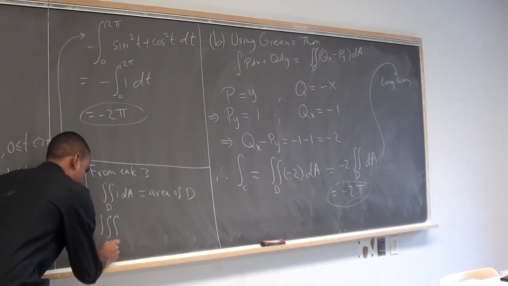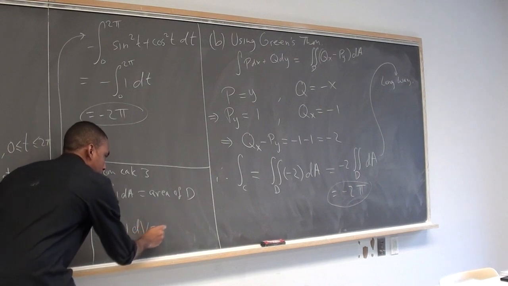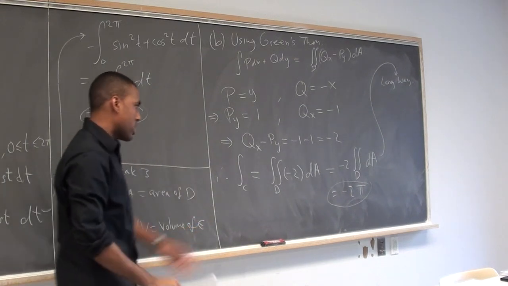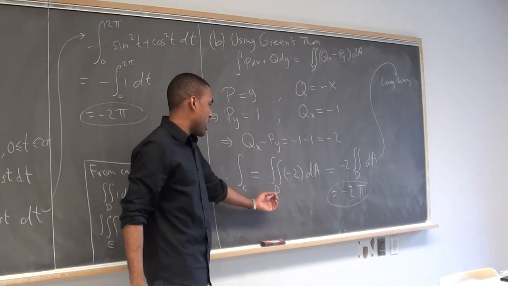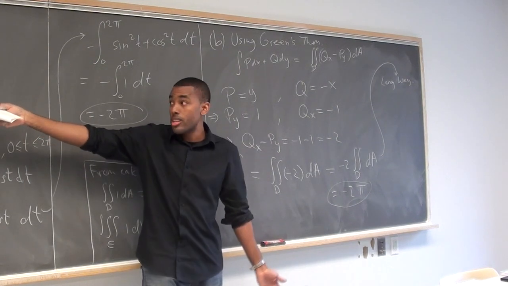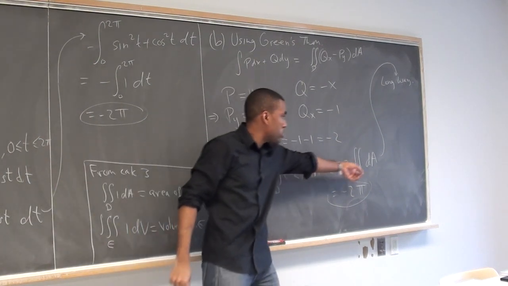The triple integral over E of 1 dV is equal to volume. So instead of actually setting up this integral, I didn't have to do it. I know D is just the area of this circle, which is pi r squared. R is 1, so the area is pi. And so I just have minus 2 times pi.